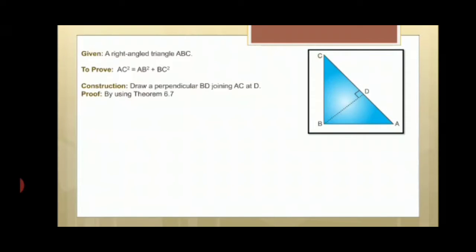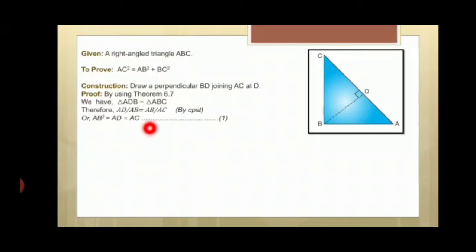So therefore the sides are going to be proportional. I'll get AD upon AB will be equal to AB upon AC, right? The two hypotenuses I am taking. Using this I get my first equation, AB square is equal to AD into AC.